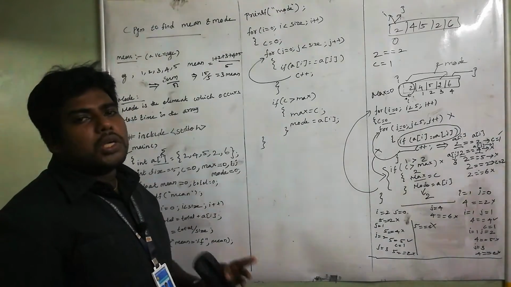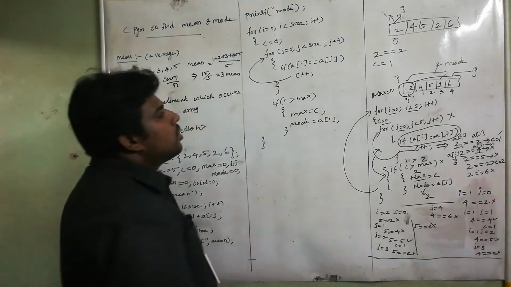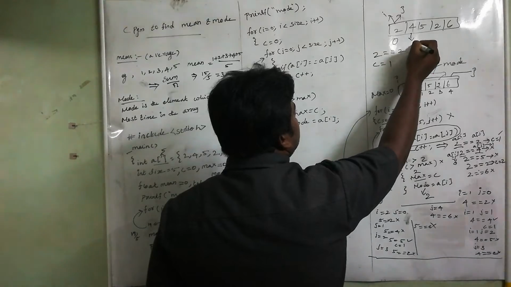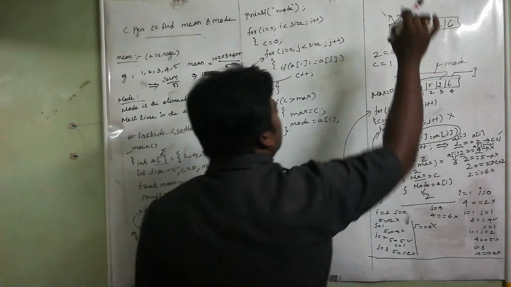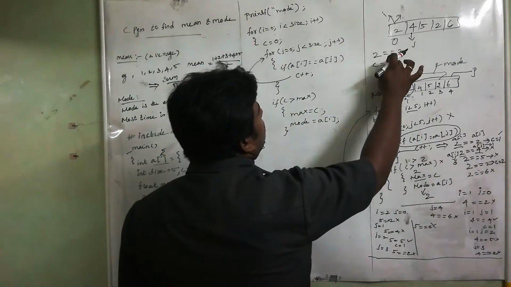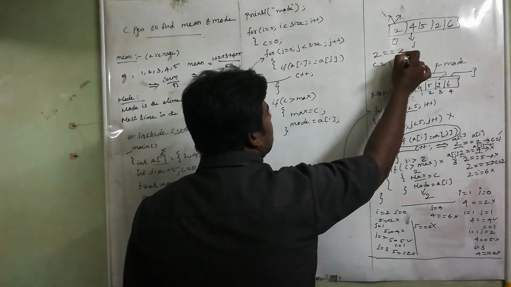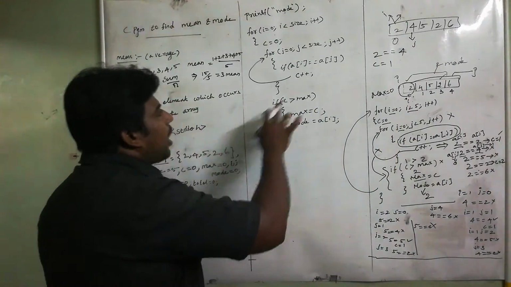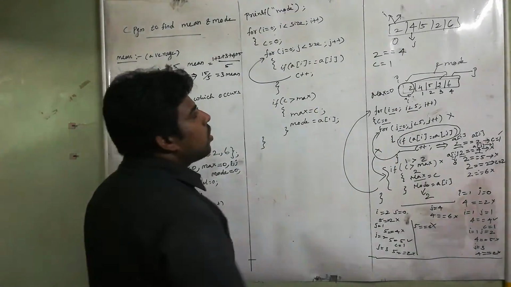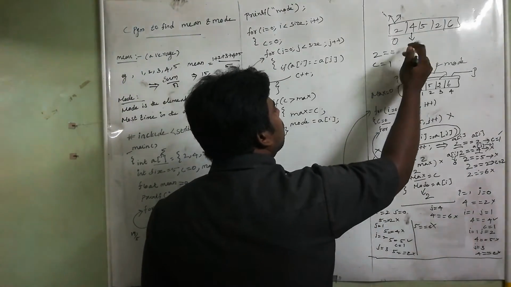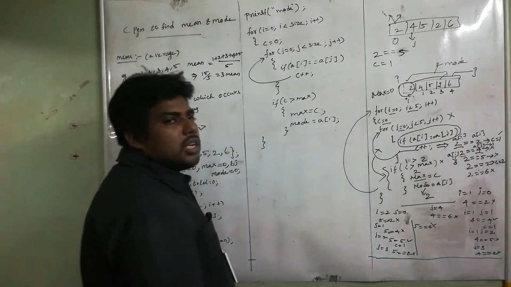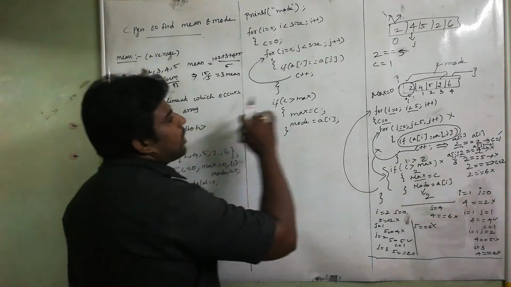Now what's the J value? J value is 1. So now this is J. So 2 equal to 4. Condition false. So again J plus plus. Again condition false. Again J plus plus.